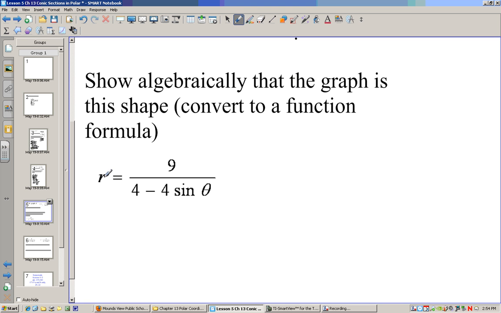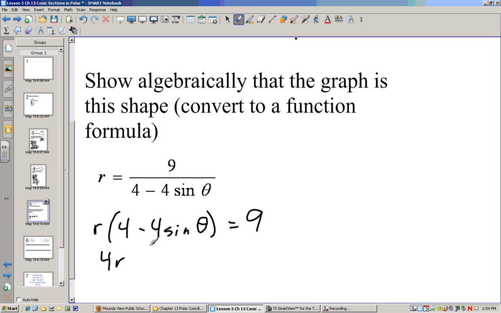So we just have an r here, and if we multiply both sides, we'll have r times 4 minus 4 sine theta is equal to 9. When I distribute it, I have 4r minus 4r sine of theta is equal to 9.